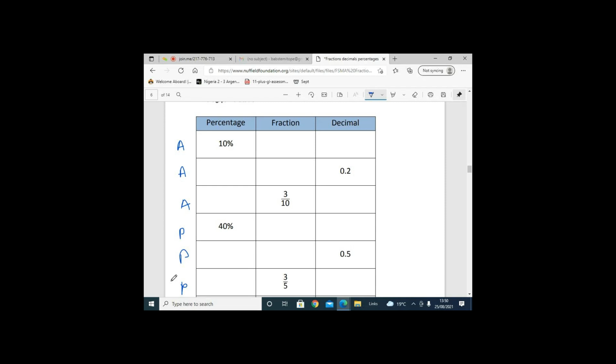If you are ready, just let me know. I'm not sure, I've only done one. I don't get this one. Yes, line 2. You have to turn that decimal, 0.2, into a fraction, and also turn it into a percentage.